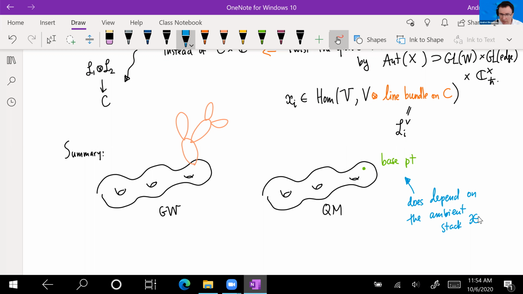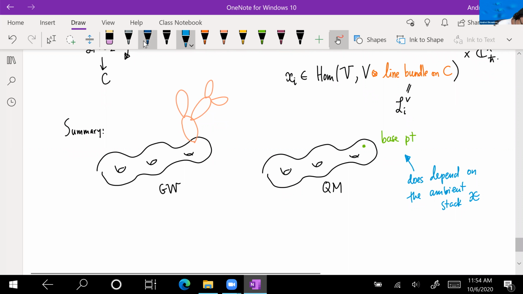So it also has good features to that. It does depend on that. And then here we took X to be more or less arbitrary and smooth.